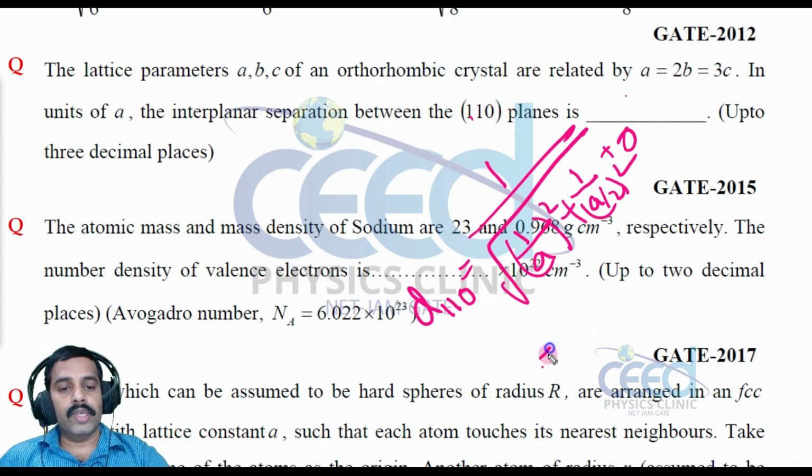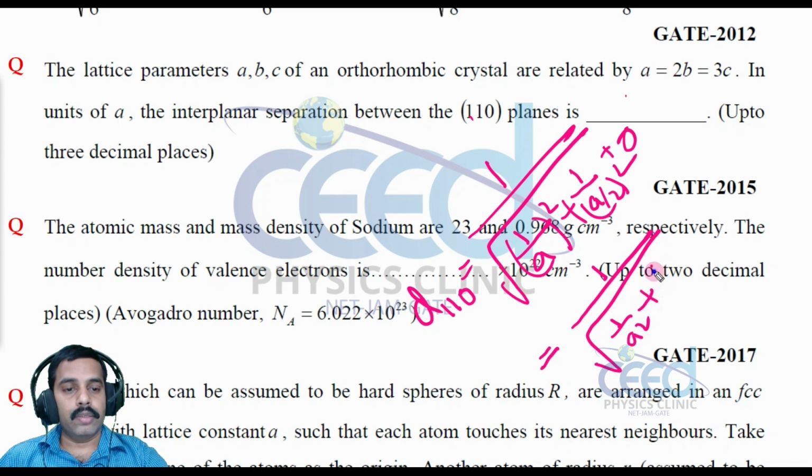When I solve this, that is 1 by root of 1 by a squared plus 4 by a squared, that is equal to a divided by root 5. That is 1 by root 5, which is 0.41, right?